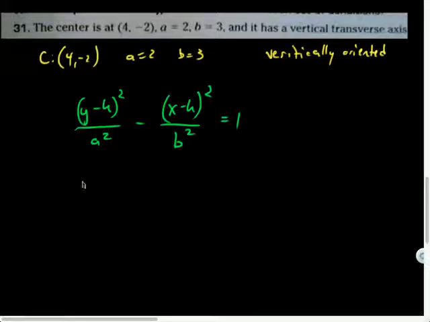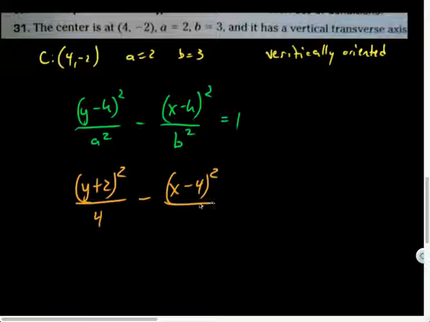So let's just do that. I'll have y plus 2 squared over a squared, which is 2 squared, 4, minus x minus 4 squared over b squared, 3 squared is 9, equals 1.